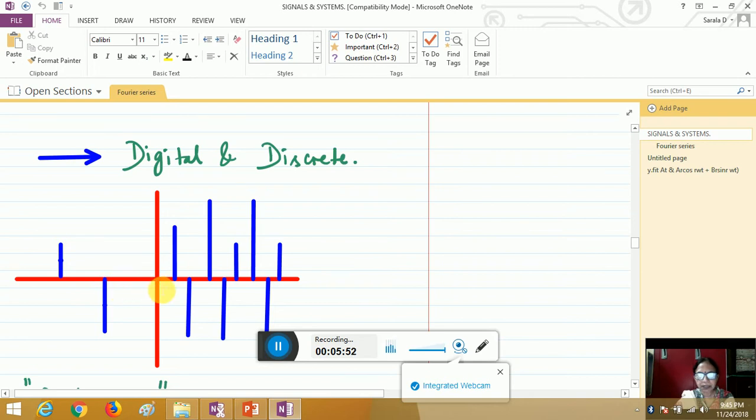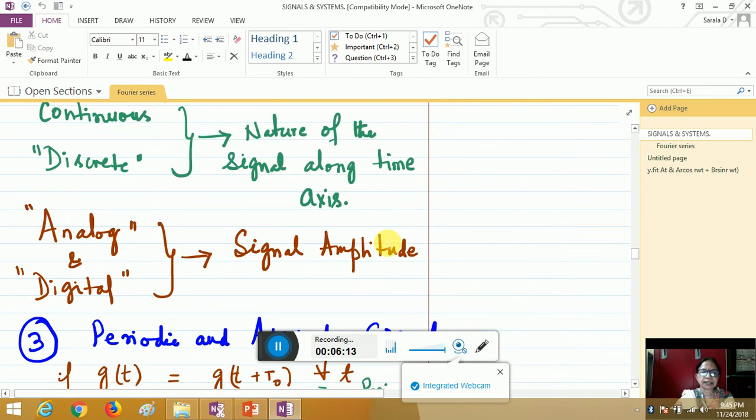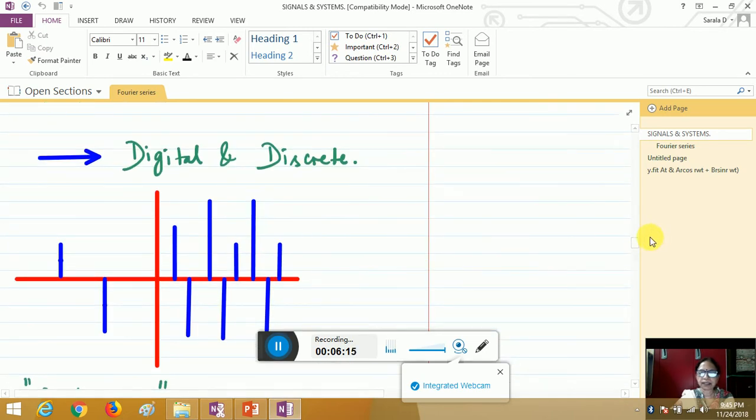Between these two intervals, the signal is almost zero. So this is how you define analog discrete and digital discrete signals.